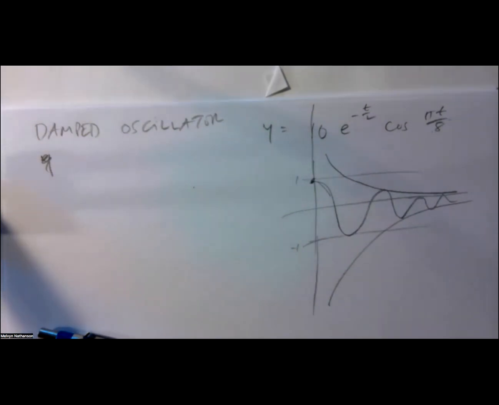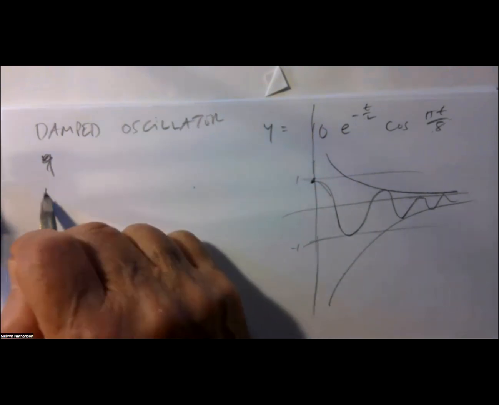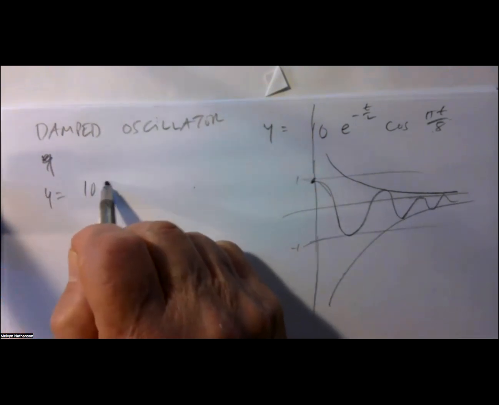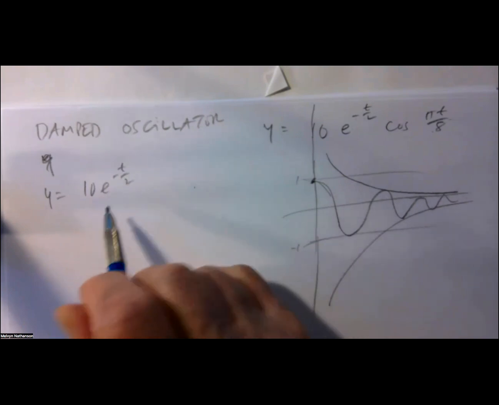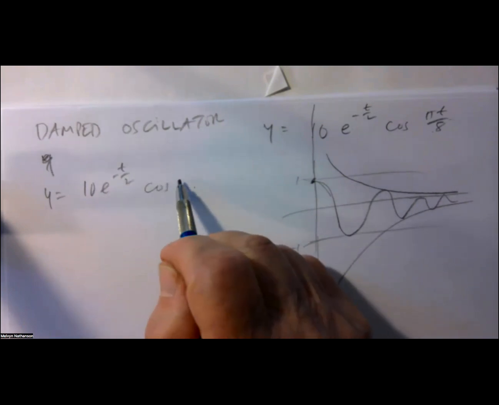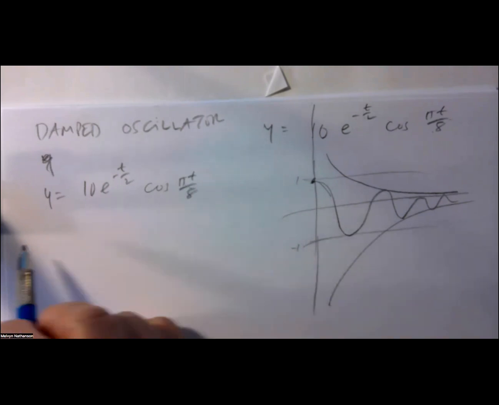In any case, this is what this oscillation looks like roughly, except it decays to 0 very rapidly. And so this is the graph. And suppose we want to find the velocity. So we have y is 10 e to the minus t over 2 cosine of pi t over 8.